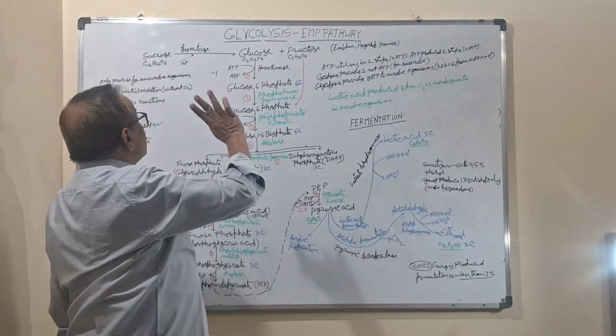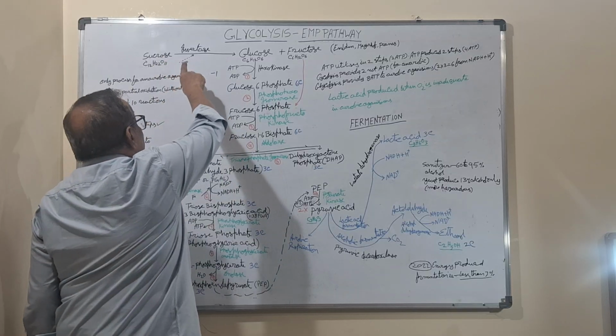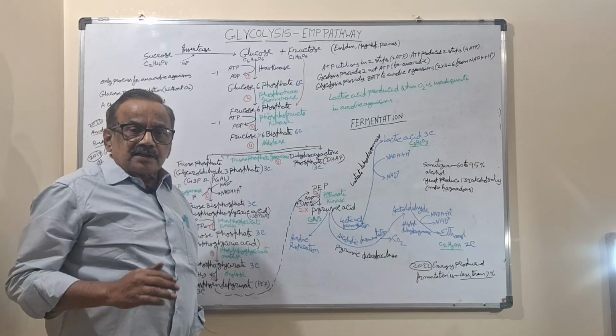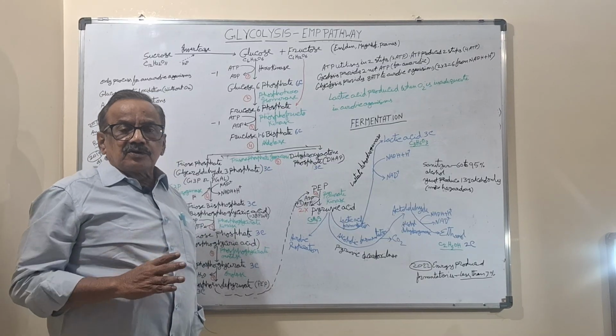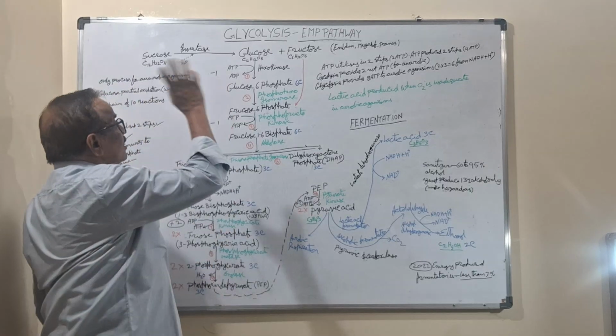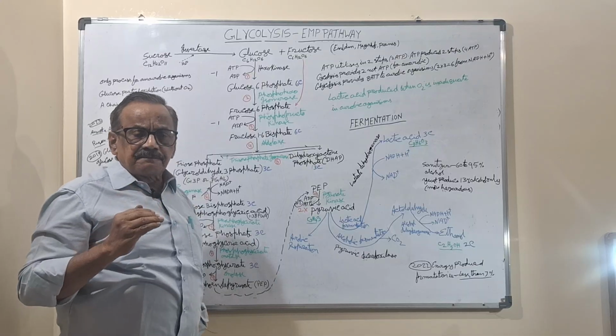The enzyme is invertase. In the presence of the invertase enzyme, the sucrose will be split into the two monosaccharides, glucose and fructose.